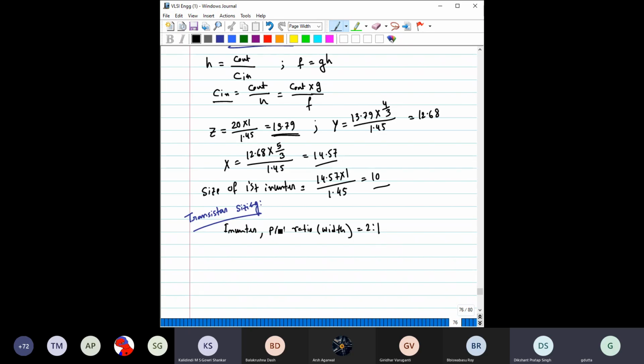So for stage 4, which is basically an inverter, PMOS width would be equal to 13.79 into 2/3. So anyway, you can calculate it. For NMOS width, it would be 13.79 into 1/3.